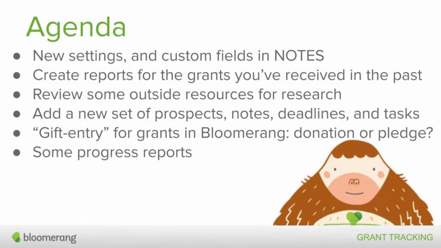And mostly what we're going to do today, the biggest portion of today's session, is to add a set of sample prospects. Then we're going to go through the imaginary process of researching, applying for, and receiving grants from those prospects, and how to enter each of those things into Bloomerang, both into the custom notes section on that individual funder during the process, and then once you receive the grant, how we recommend using transactions to keep track of where you are in the process of receiving.